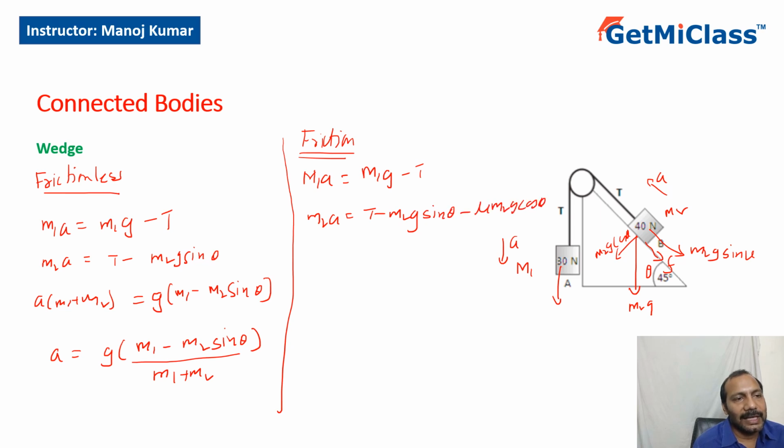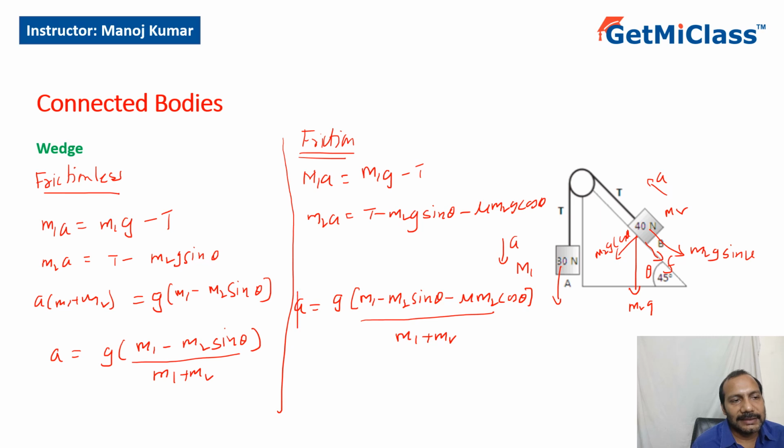So if I add both of them, I'll get acceleration as G into M1 minus M2 sine theta minus mu M2 cos theta by M1 plus M2. This is what is the acceleration.